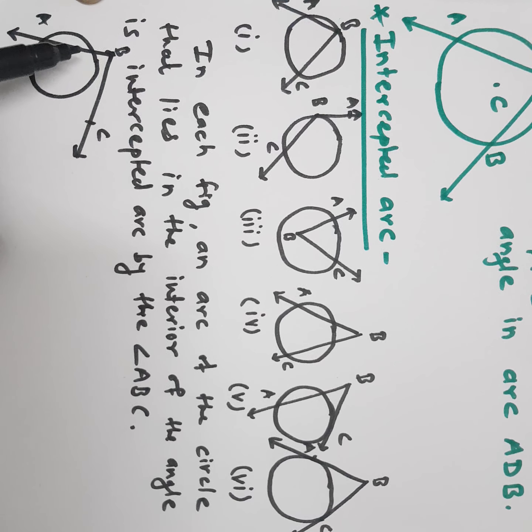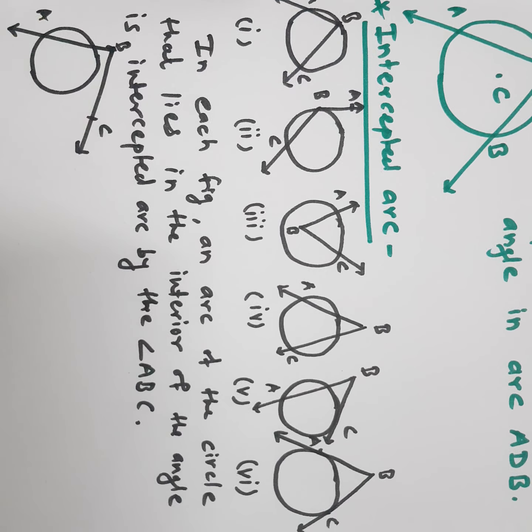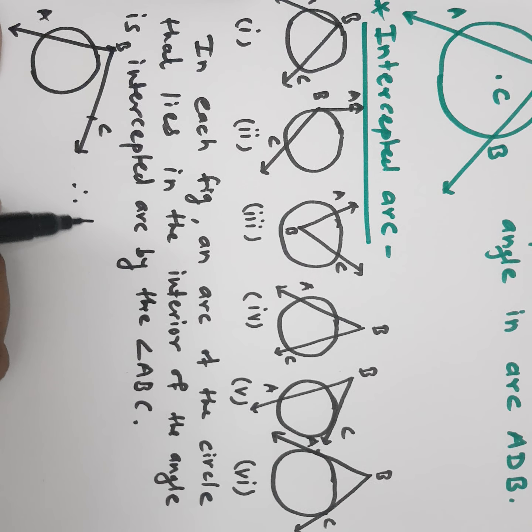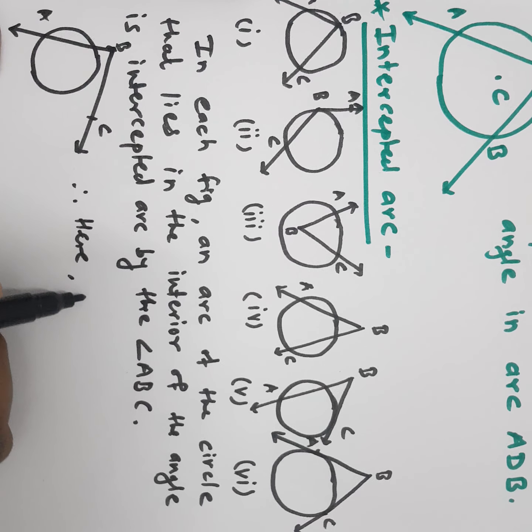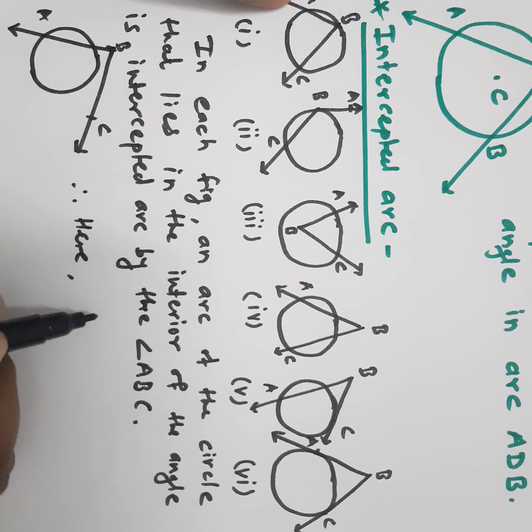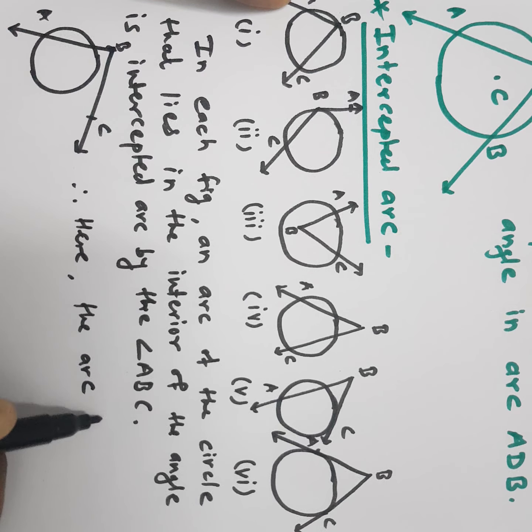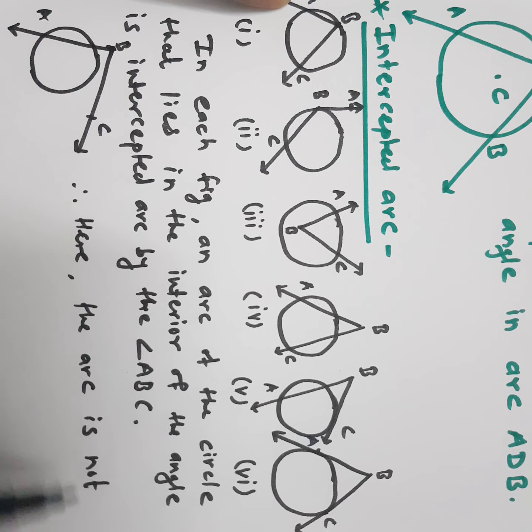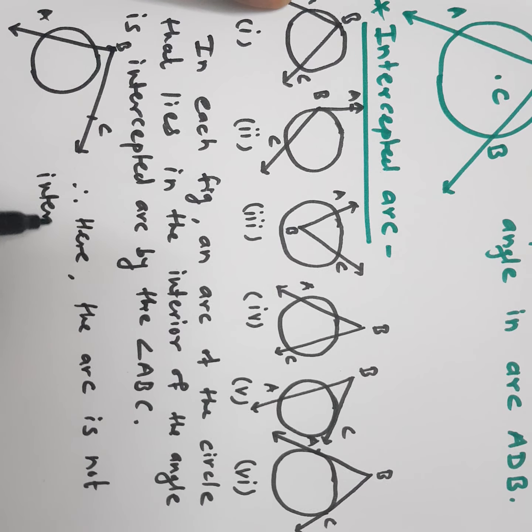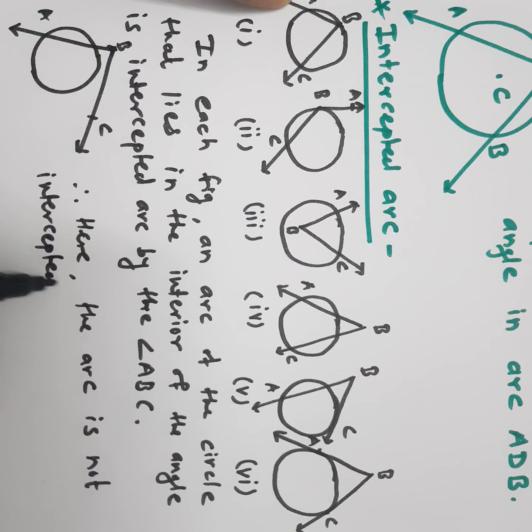There is no point of the arc on side BC. Therefore, here the arc is not an intercepted arc.